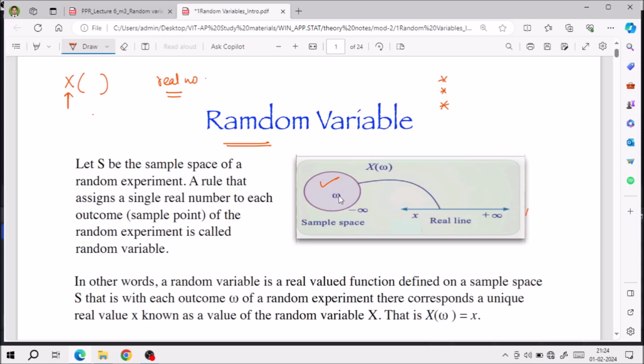Here you have omega, a point from the sample space. Under this rule you have X of omega equals small x, where this small x is nothing but a real number. So this is your random variable. It is a clear cut bookish statement.